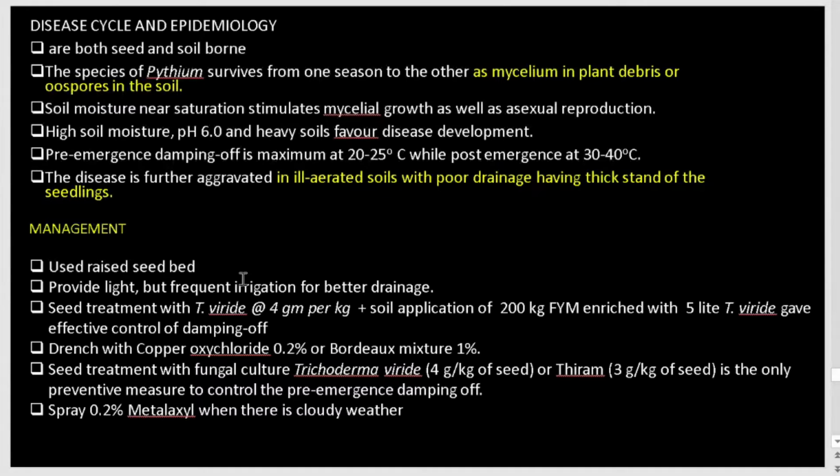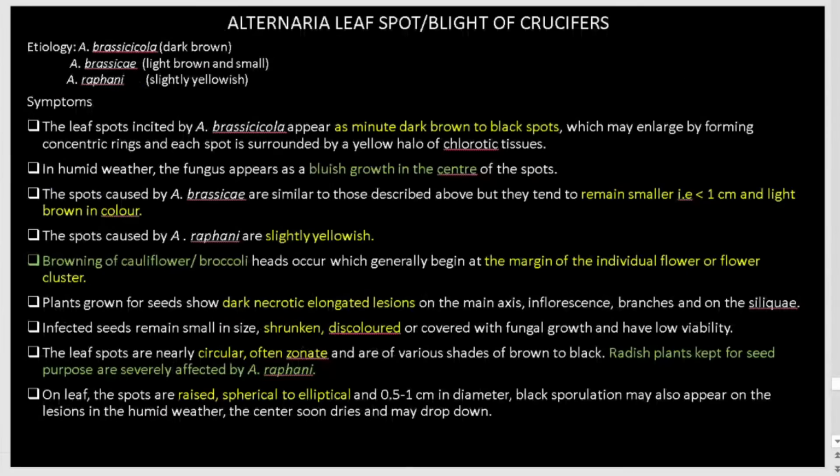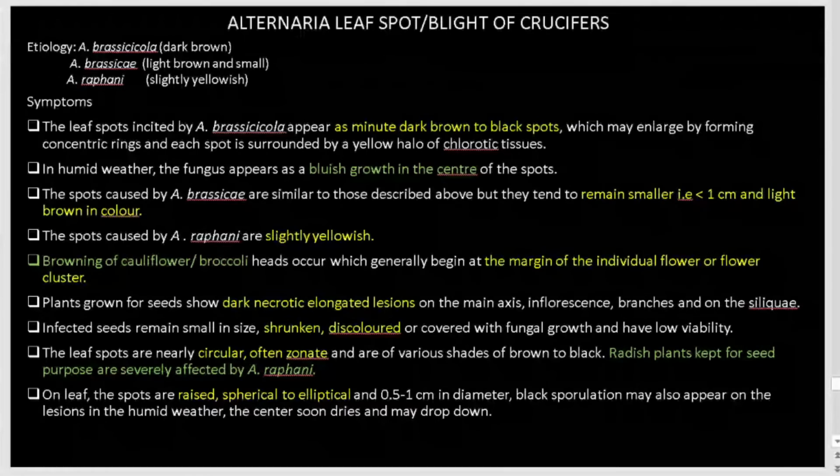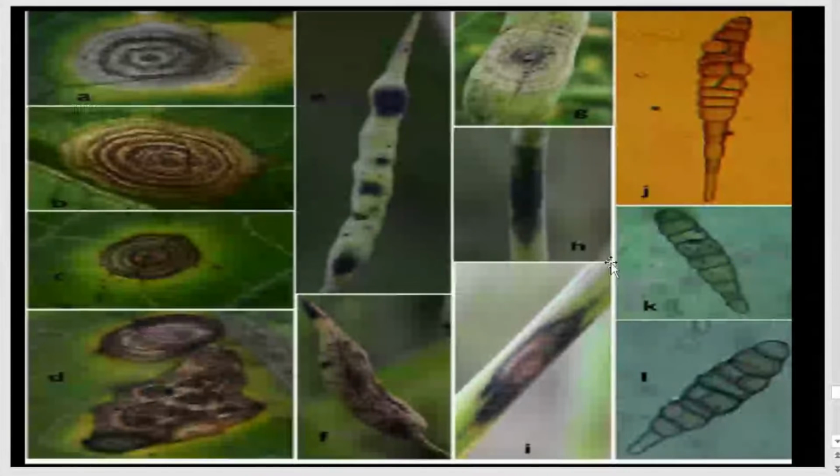So generally Pythium can be managed with metalaxyl formulations. So I missed one of the diseases in case of crucifers. We will also be discussing this disease in solanaceous crops too. So you know about Alternaria infections.